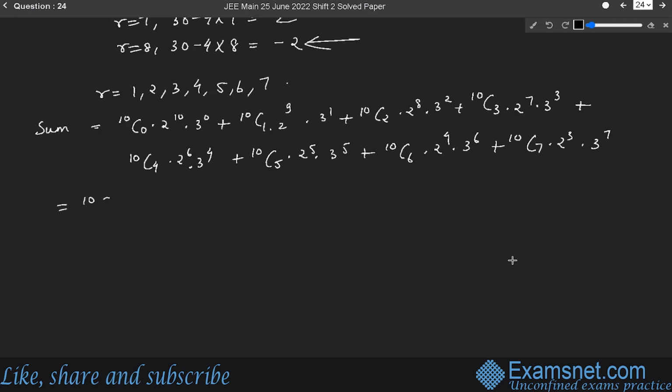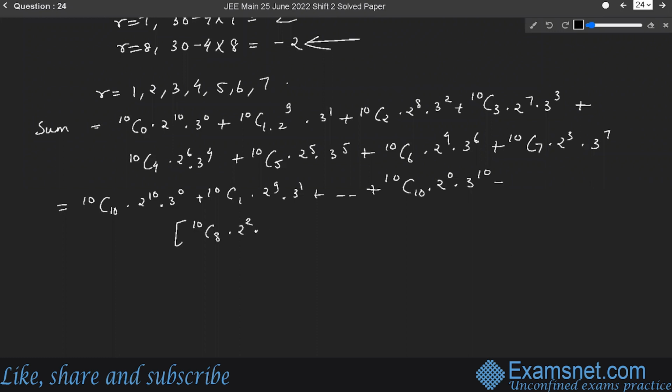So this will be equals to 10C0 into 2 power 10 into 3 power 0 plus 10C1 into 2 power 9 into 3 power 1 plus so on up to 10C10 into 2 power 0 into 3 power 10 minus 10C8 into 2 power 2 into 3 power 8 plus 10C9 into 2 into 3 power 9 plus 10C10 into 2 power 0 into 3 power 10.